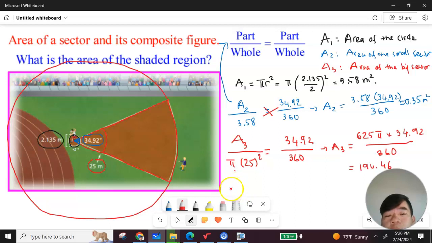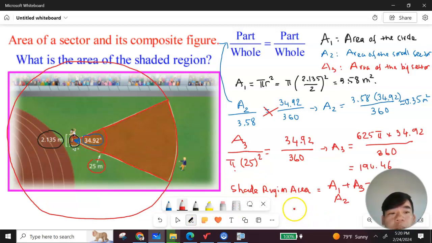Finally, the area of the composite figure, so the shaded region area, equals A1 plus A3, minus A2, because A2 is the overlapping one, so you subtract A2. Now you hit the calculator.